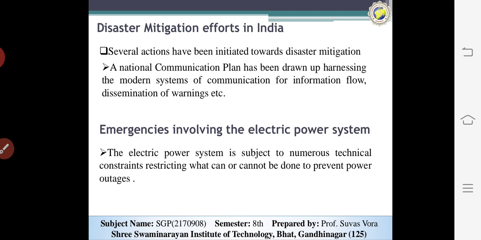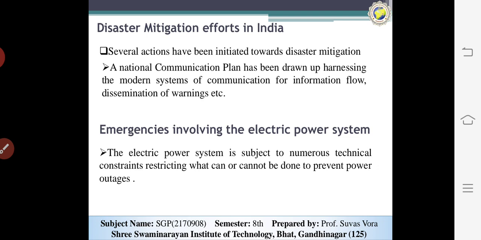With the power sector reforms, most of the utilities in India have been unbundled into generation, transmission and distribution sectors. For disaster warning systems, response management and mitigation, there is the National Power Training Institute.